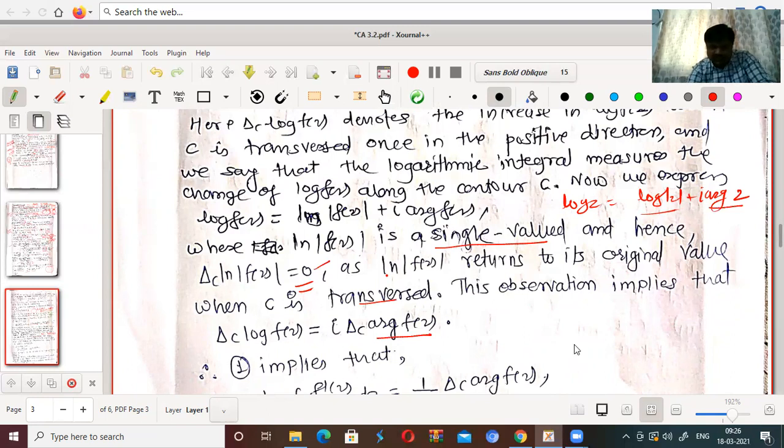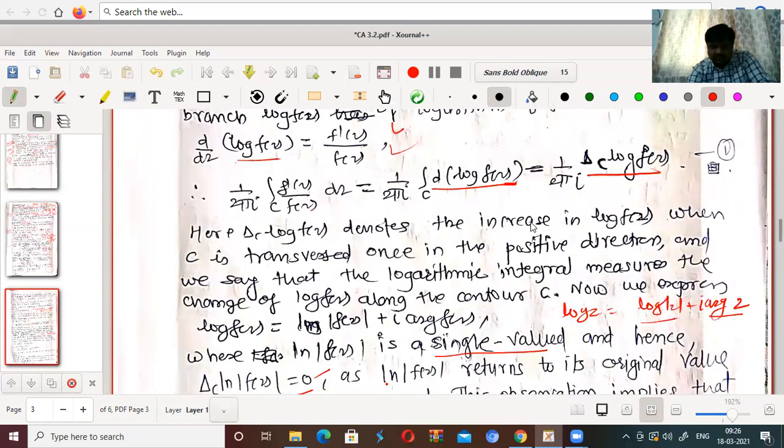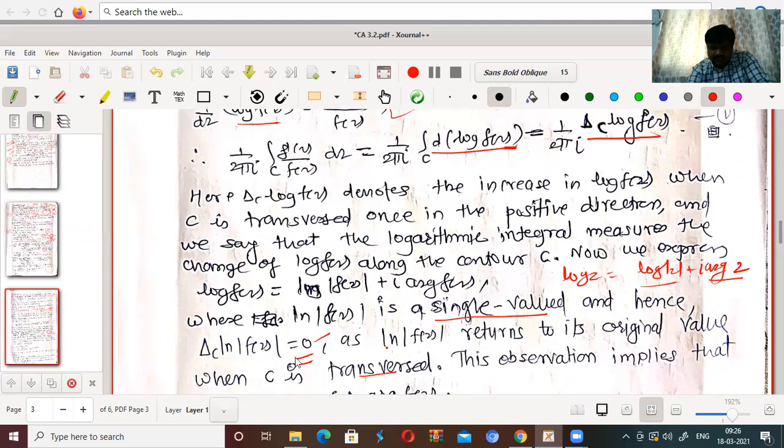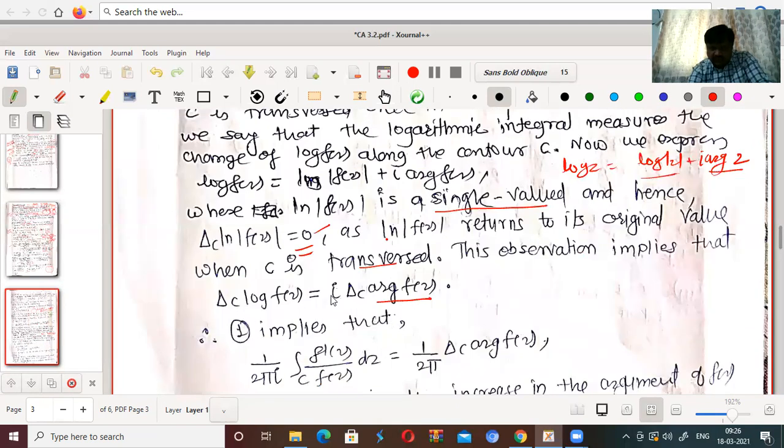Thus, this is equation number 1: 1 by 2 pi i integral over C of f dash z upon f of z equals 1 by 2 pi i times the change in log of f of z. But the change in log of f of z is i times the change in argument of f of z.